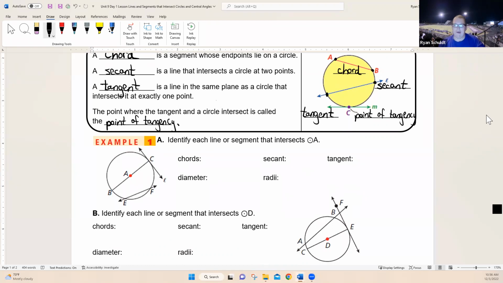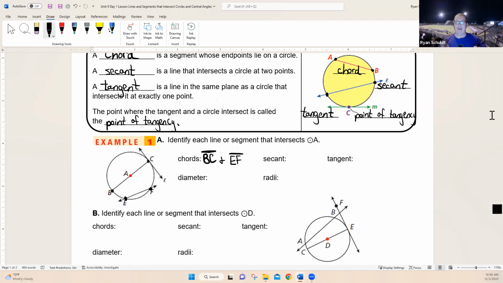Well, in this picture, there's actually 2 chords. BC is a chord. The endpoints of B and C lie on the edges of that circle. So segment BC. Now, EF, you could also argue is a chord as long as you say segment EF, because that means it starts and stops on the edge of that circle.